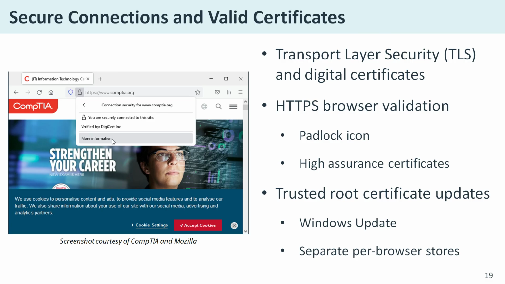Now let's look at trusted root certificate updates, the Windows updates. Windows updates keep your Windows system updated. Then let's look at what we call separate per-browser stores. When we say separate per-browser stores, we're talking about a web browser that you can open to several websites.